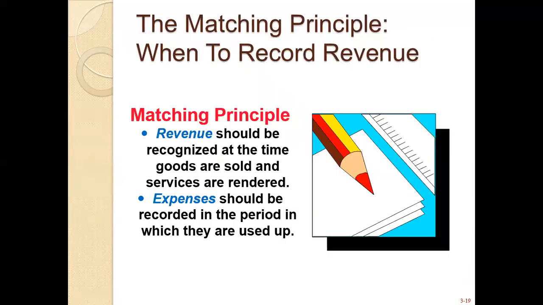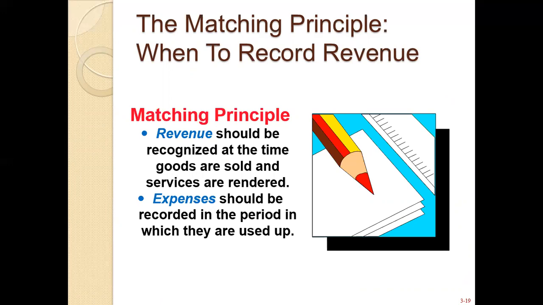Fine. Now, according to the matching principle, when should we record revenue? It should be recognized at the time goods are sold and services are rendered. When will revenue be recognized? Revenue will be recognized when you provide your services to the customer and the goods are delivered to the customer.